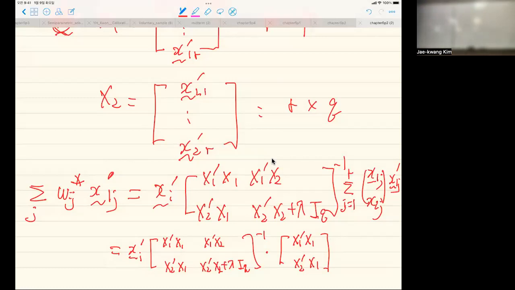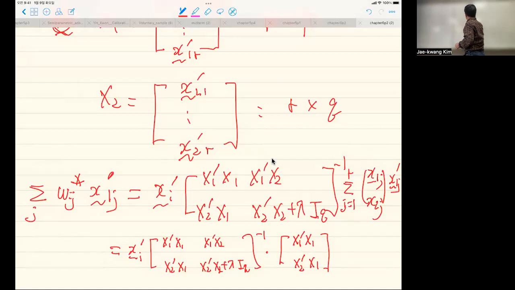So this is a column vector, and this is a row vector, so that you can have this one. Yeah, but in this style we have xj, where xj has two pieces.